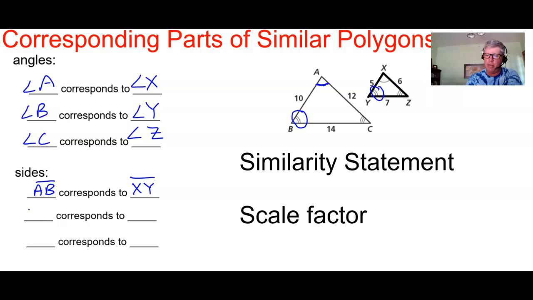So we go AB, go BC. So BC goes to YZ. And then the last side length here is AC or CA, doesn't matter. And that goes to XC. Simple. So identifying corresponding sides, very important.